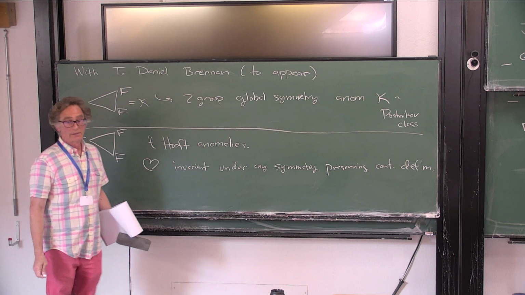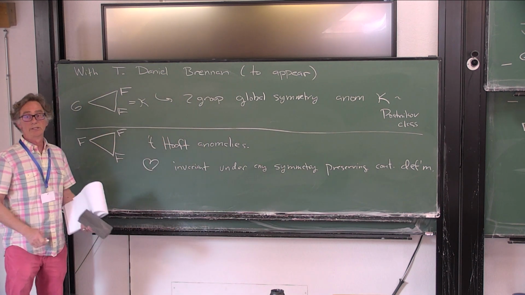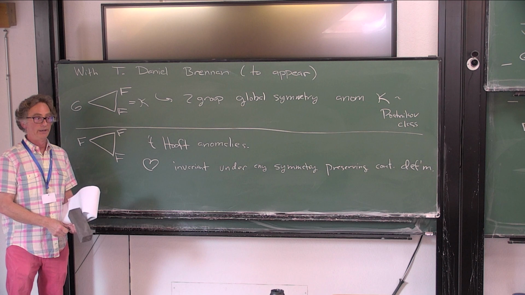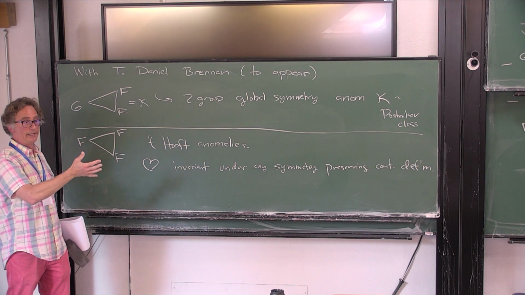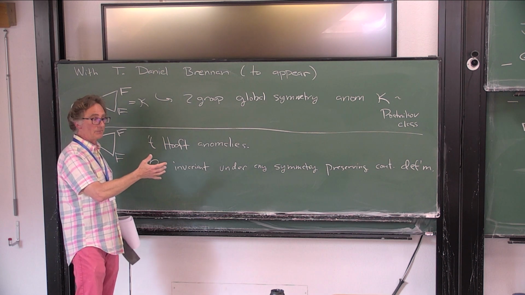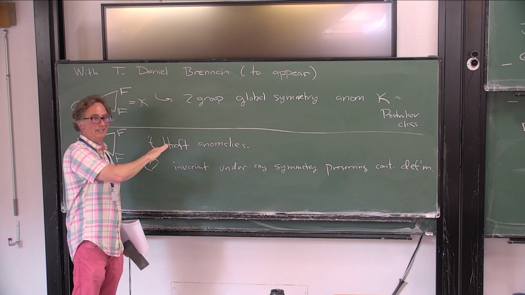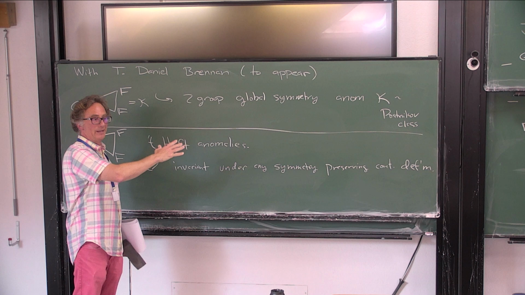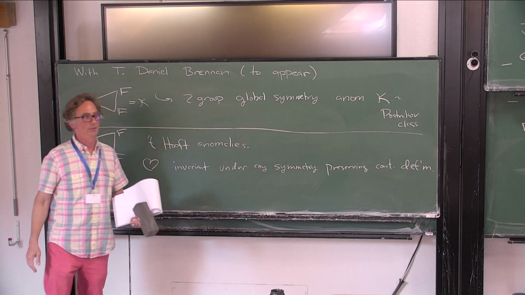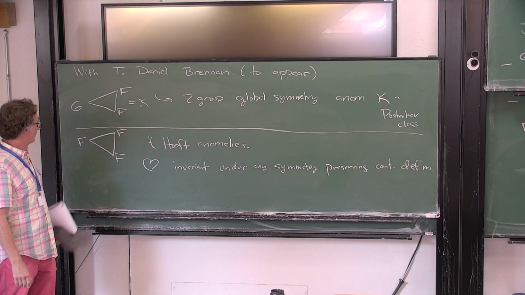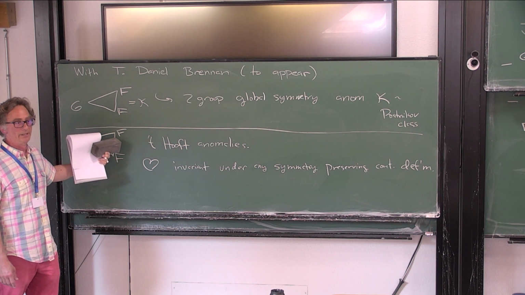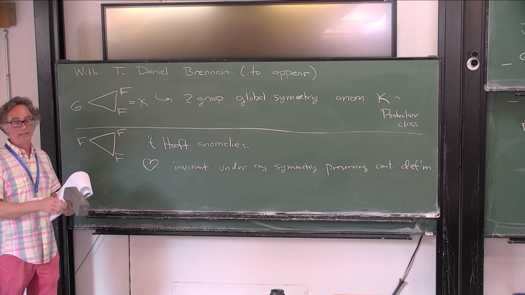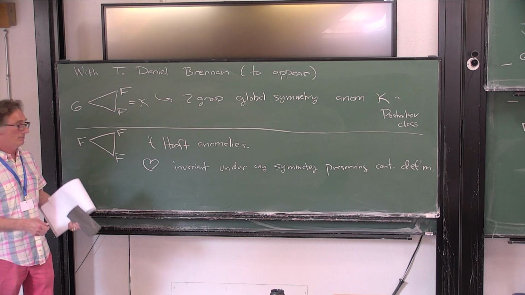So for instance, if you can add mass terms without breaking the symmetry, they're invariant under that. If you want to dial h bar, they're invariant under that. So you don't see them if h bar is 0, but for any non-zero h bar, they're totally independent of h bar. In fact, that's why they're one loop, because they're completely independent of h bar. So they're independent of any kind of continuous deformation that preserves the symmetry.